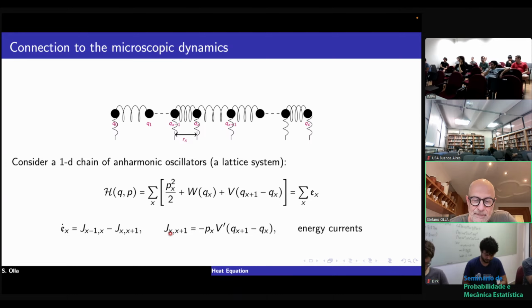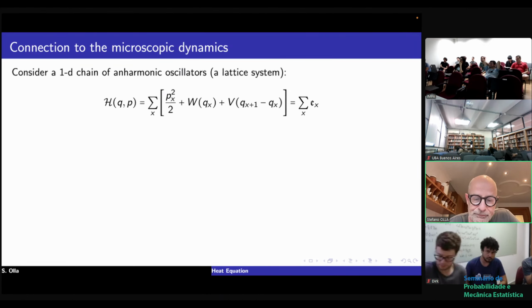How does it appear? The current can be written explicitly. If you do the calculation, it's just minus p_x times the derivative of V between the particles. You see, in the current the pinning potential W does not appear. This is the energy current.